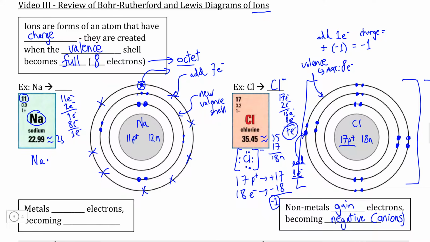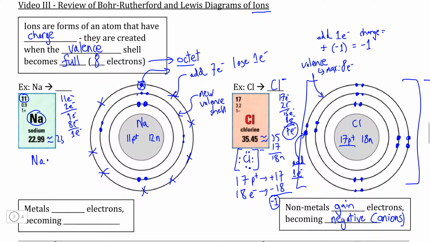And if we look at sodium's new valence shell, we can see 2, 4, 6, 8 valence electrons, and therefore sodium has attained a full valence shell, not by adding electrons, but by losing electrons.